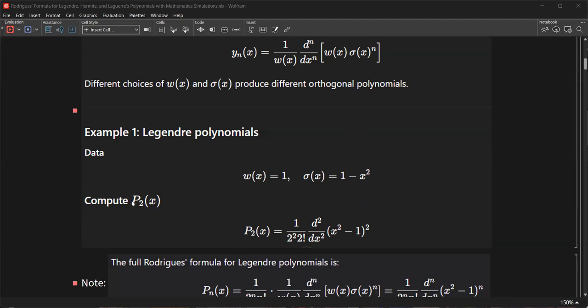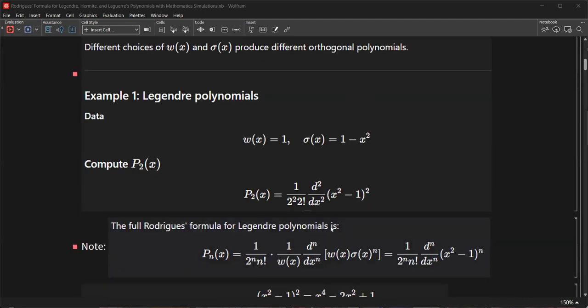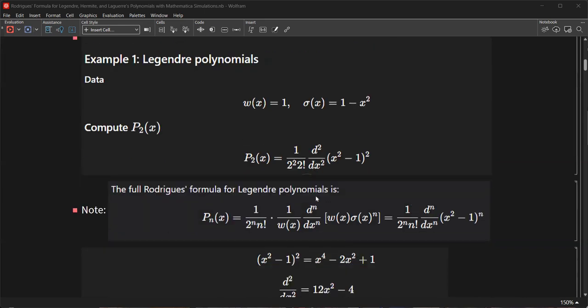If n equal to 2, we have P of x, by substitution in the Rodrigues formula. So this is our answer here, and the full Rodrigues formula for the Legendre polynomial is given by this formula.